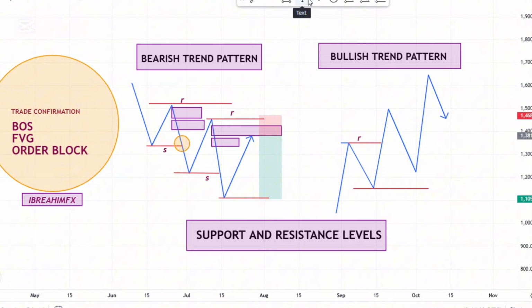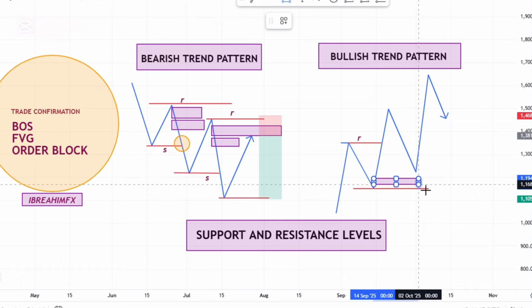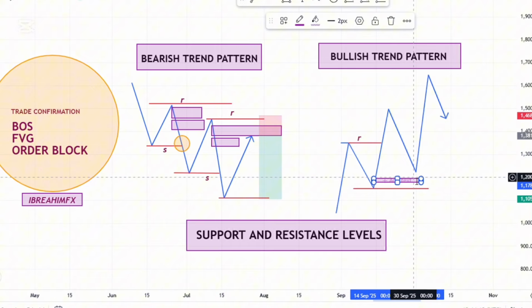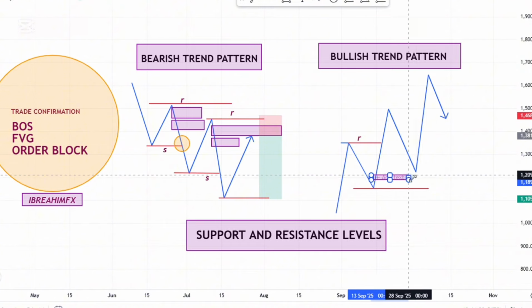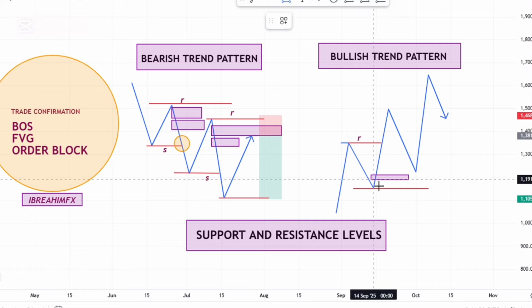So you have to identify your fair value gap. You have to backtest this strategy before you start funding and using this strategy.